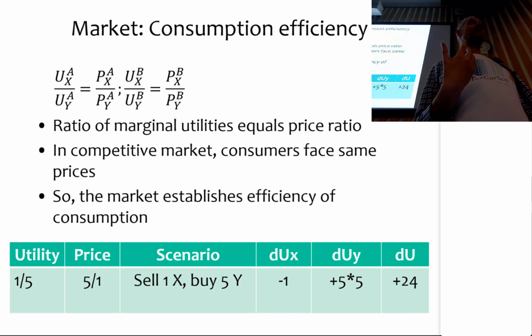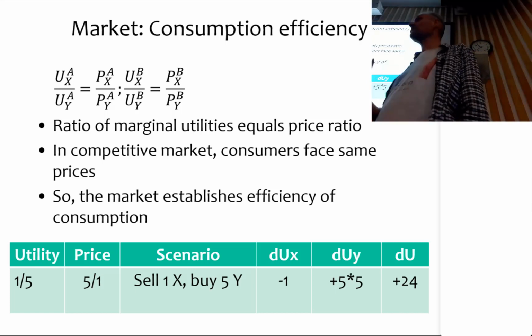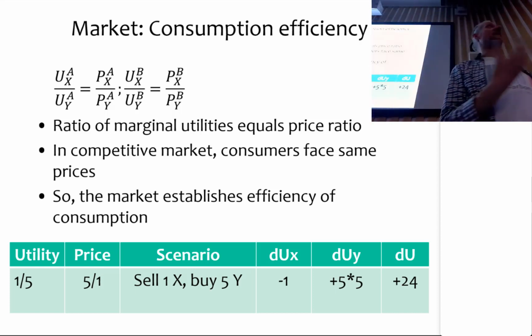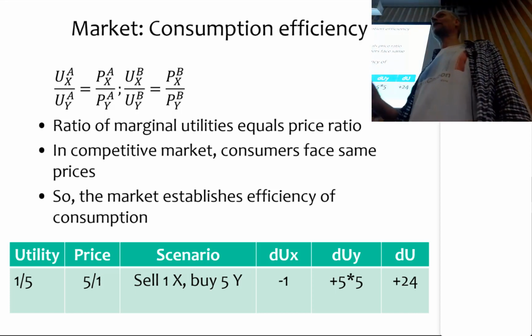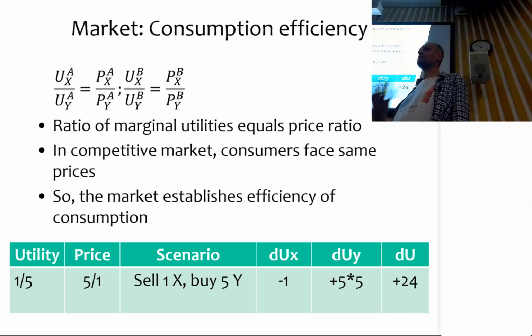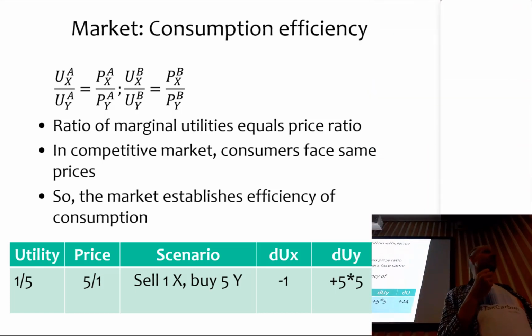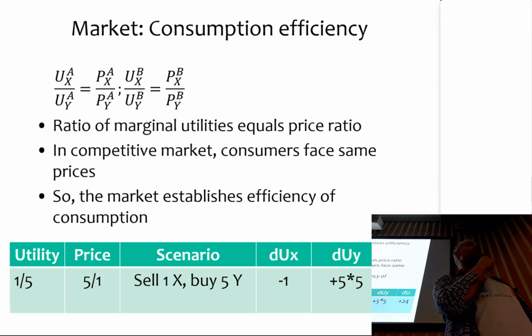And then if everybody in society faces the same prices, the same relative prices, then of course a perfect market means that we all pay the same for the same thing, is one of the characteristics of a perfect market. A market guarantees efficiency in consumption, right?